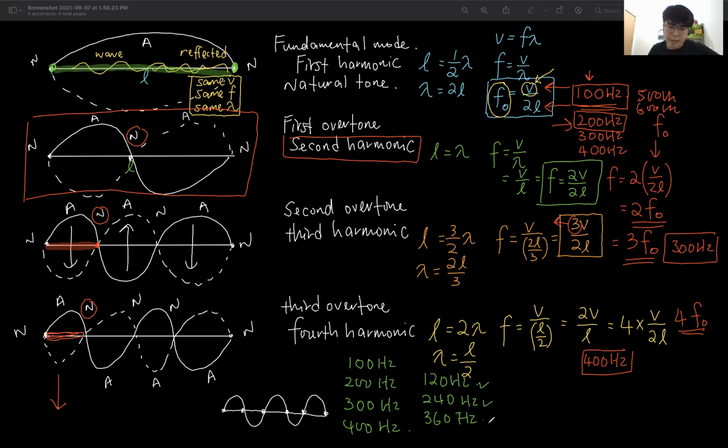All these are the harmonics of this fundamental mode, because you have changed the length of the wire. The fundamental frequency has changed. When you play it, you hear a whole different set of frequencies that are the harmonics of the fundamental mode.